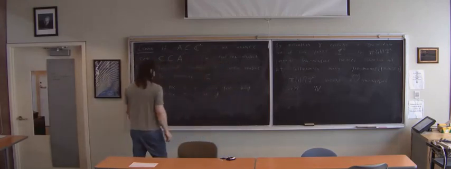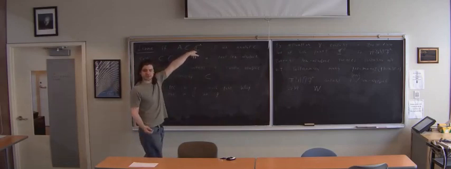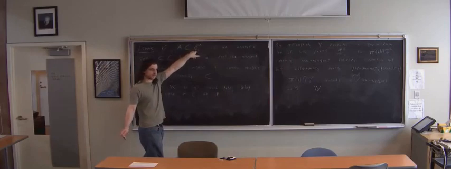What does this mean? Note that on C to the n, the coordinates are z1 through zn, and so real coordinates on it are x1 through xn together with y1 through yn. Okay?